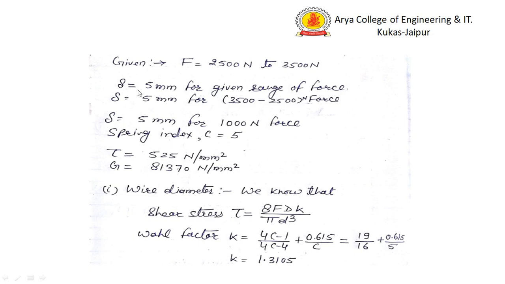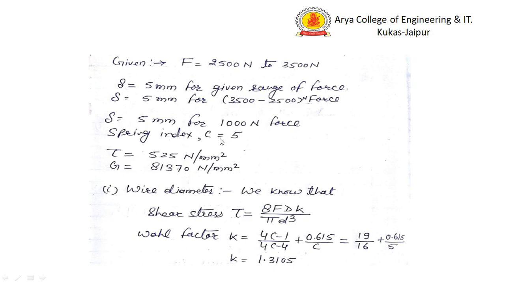It means that this deflection of 5 mm is for this range. It means 3500 is the maximum force and 2500 is the minimum force. So the difference of the force is 1000 Newton. So this deflection delta is equal to 5 mm for 1000 Newton of force.